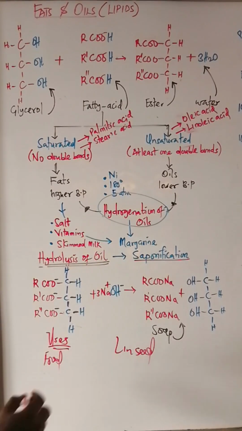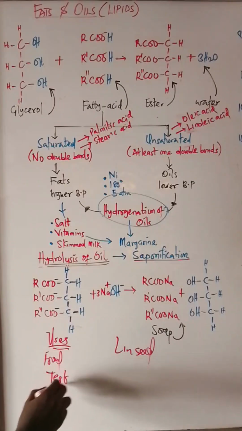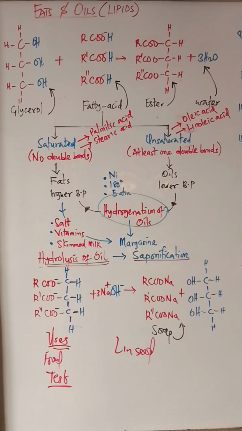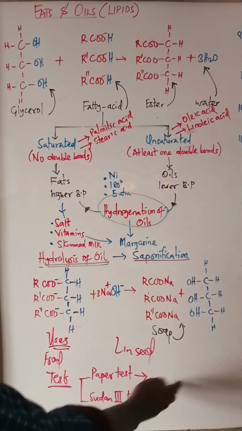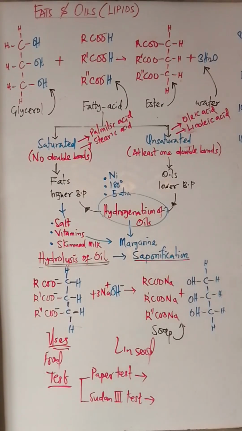Now, how do you test for fat and oil? We have the paper test and the Sudan 3 test. If oil or melted fats are put on top of filter paper, a translucent grease spot will be formed, indicating the presence of fat or oil.